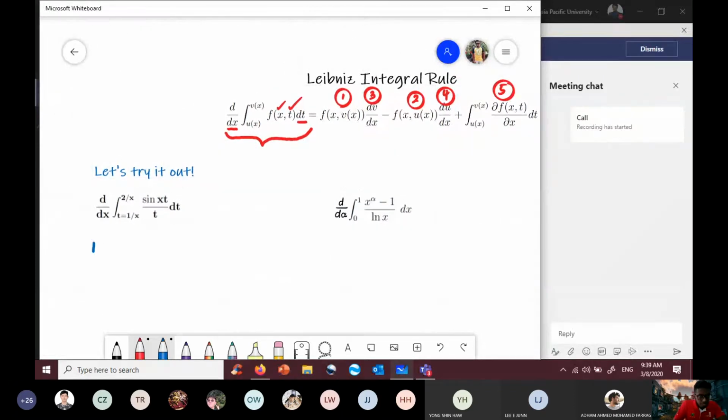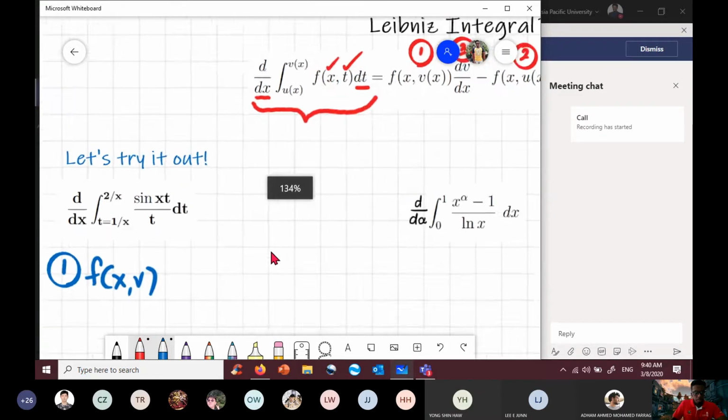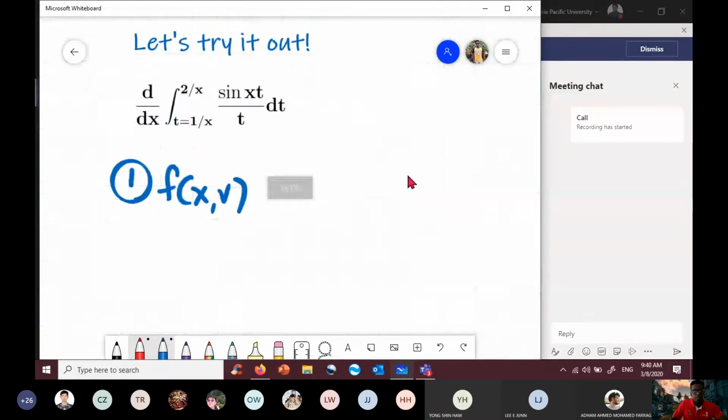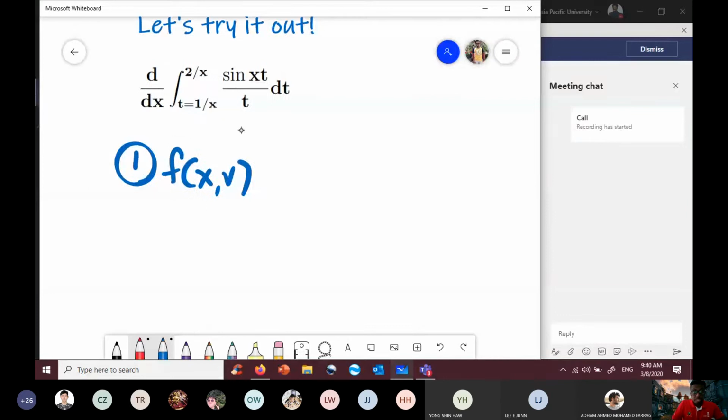The first thing I want to find is f(x, v). What does it mean by f(x, v)? Let me zoom in a bit. It means that this whole thing, the thing inside your integral, is your f. Just remember, not including the dt, but the whole expression inside your integral, that is your f.